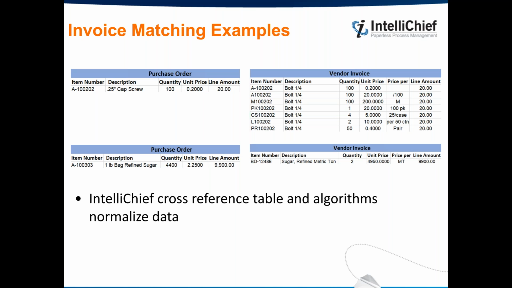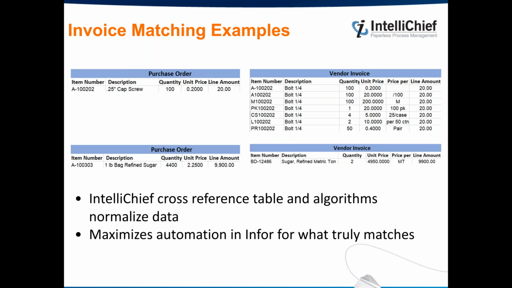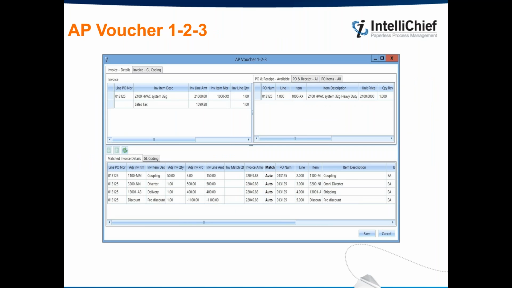In the background, when this invoice comes in, it looks at the PO and receipts, and it does a huge number of calculations automatically, without the user involved, to say, is this in fact correct? So I don't have to present the user with some kind of exception. We maximize the automation to what truly matches, because at the end of the day, these do match, but traditionally only an individual looking at it would be able to determine that.